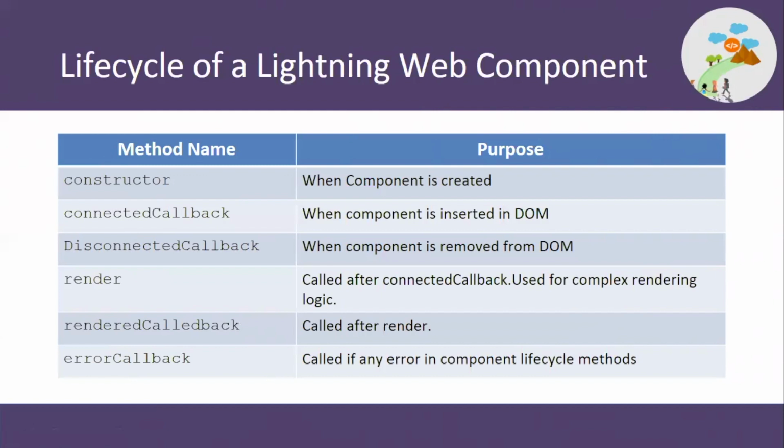So there is the constructor which gets called first, right? And then there is a connected callback. Like I said, whenever you start writing Lightning Web Components, Aura Web Components, you'll notice that there will always be a reference to a callback function in most of the cases, and that ties back to what I was saying earlier.